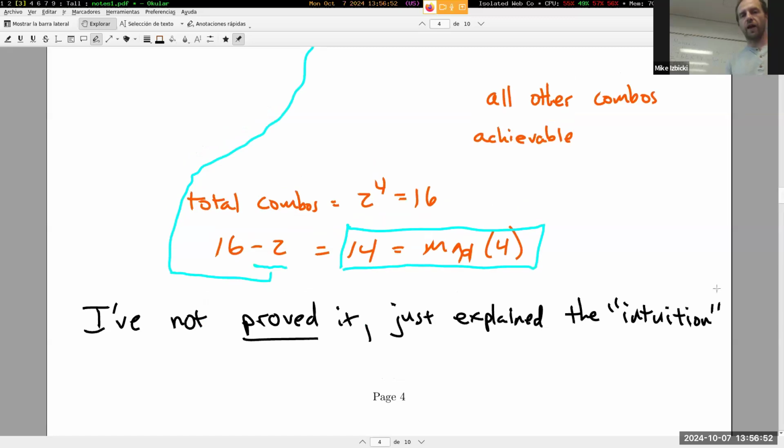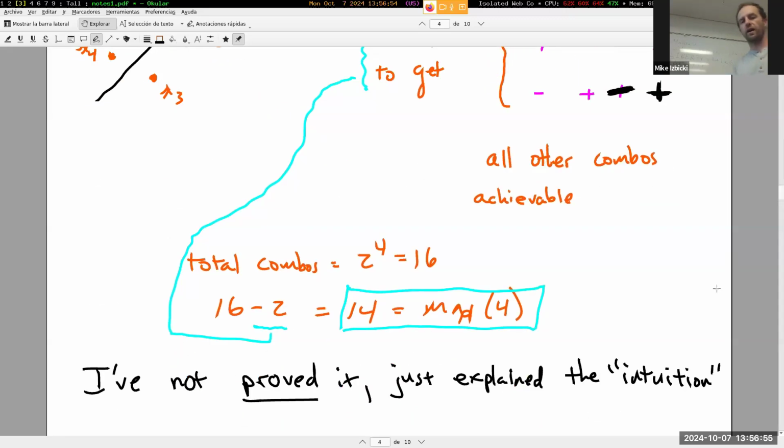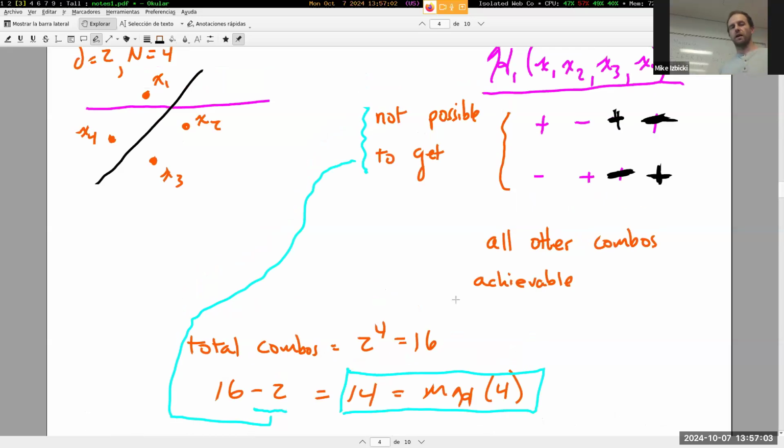At this point in the textbook, they follow the same pattern of not proving it, just explaining the intuition. At a later point, they will do this problem in general and do a proof for the general dimensions, where d can be arbitrary. So the thing to capture at this point is the intuition here.